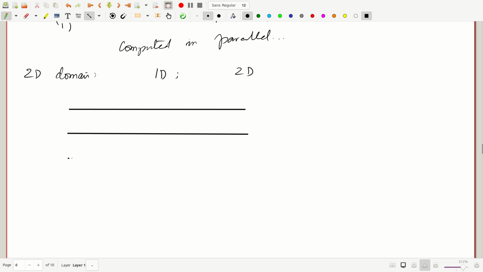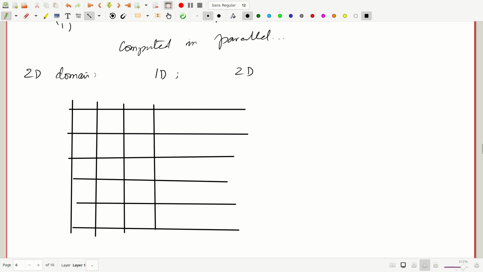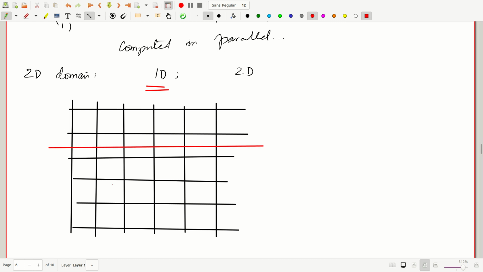So we have a grid, and I draw some representative elements, with i grid points here. This is the representative grid or mesh. Then we have to decompose it using either one dimension or two dimensions. Let's say we start with one dimension, then we assign the first two rows to one process, and then the next two to another process, and so on.